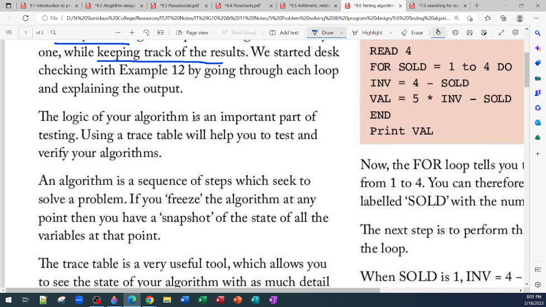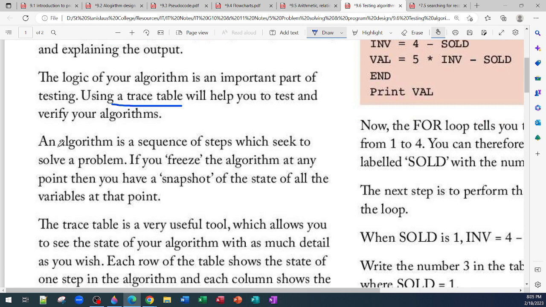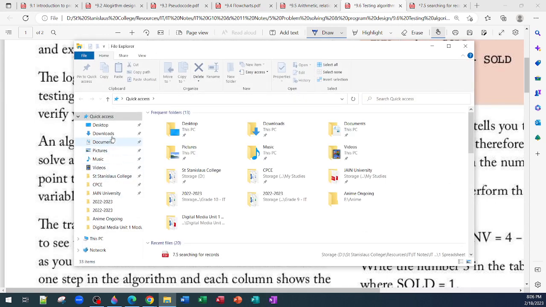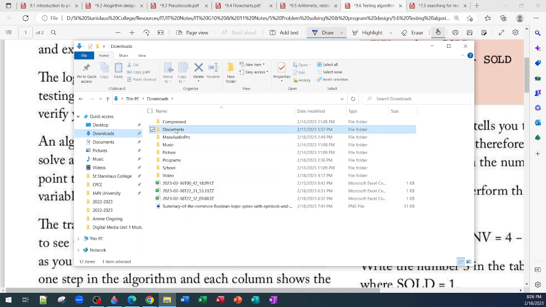The logic of your algorithm is an important part of testing. Using a trace table will help you to test and verify your algorithm. An algorithm is a sequence of steps which seek to solve a problem. If you freeze the algorithm at any point, then you have a snapshot of the state of all the variables at that point.